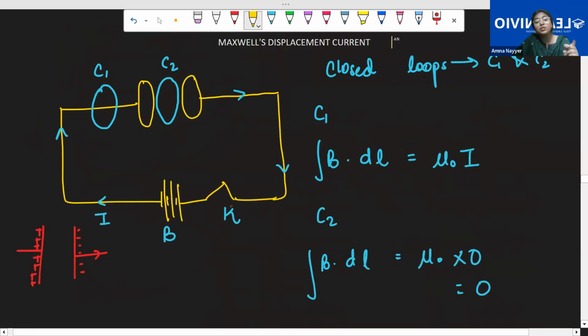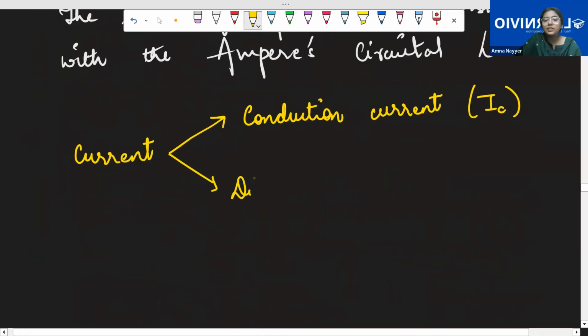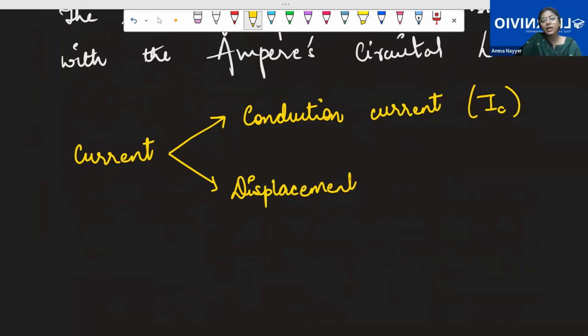There is one more current which is present between the capacitor plates. That is known as the displacement current, represented through ID. So this is the conduction current, this is the displacement current.